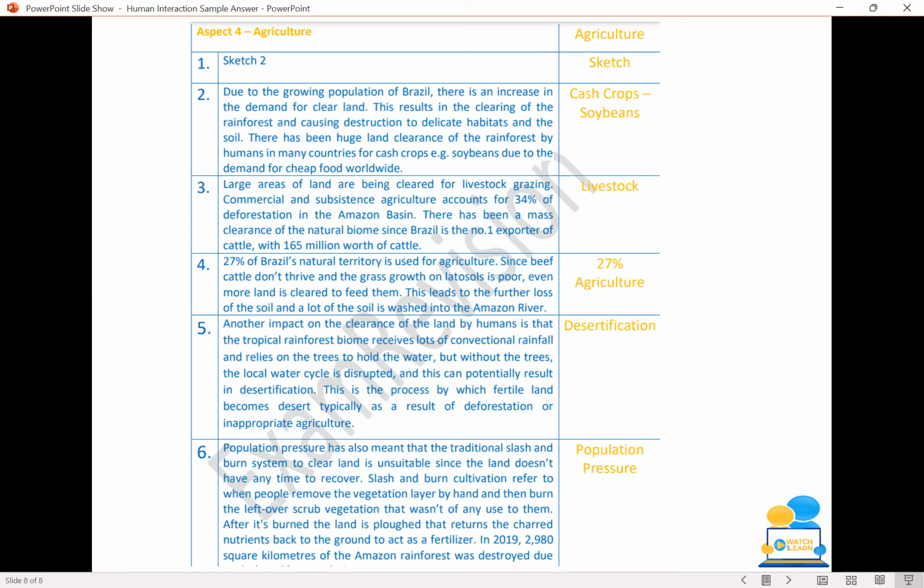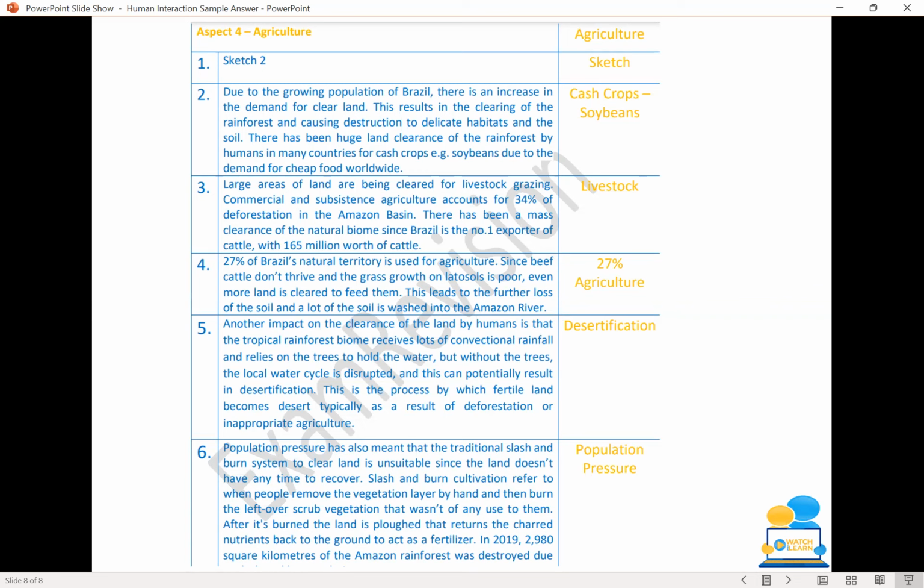The final point we want to make is population pressure. Population pressure has also meant the traditional slash and burn system to clear land is unsuitable since the land doesn't have any time to recover. Slash and burn cultivation refers to when people remove the vegetation layer by hand and then burn the leftover scrub vegetation that wasn't of any use to them.